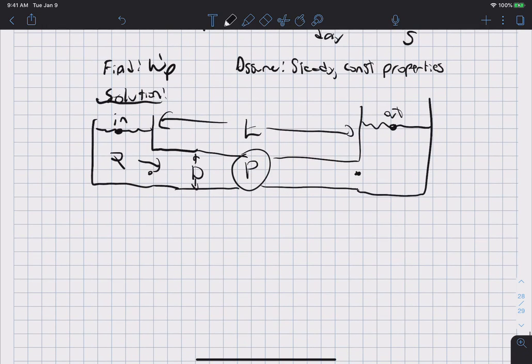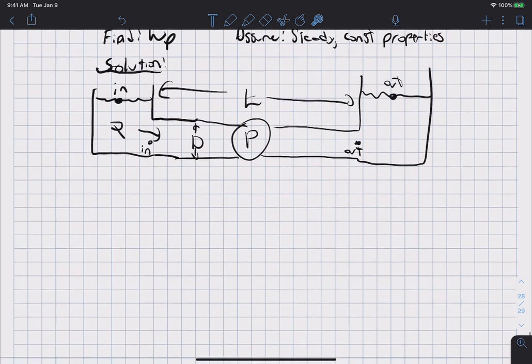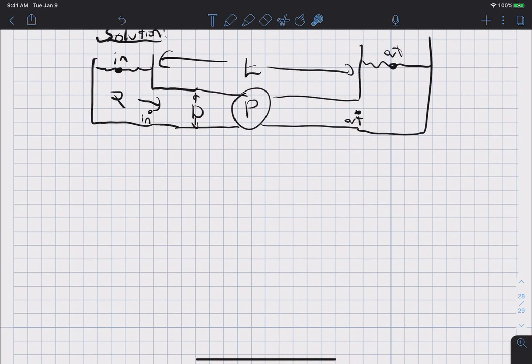Okay, and so I will just choose state 1, the inlet state, to be here and the outlet state to be here. You could choose the inlet state to be here or here. You will get the same result in the end. And the outlet state to be here or here, you'll get the same result in the end for this particular problem. Okay, and the reason being is that, so we do our little control volume, and this is implicit for these sort of pipe flow problems.